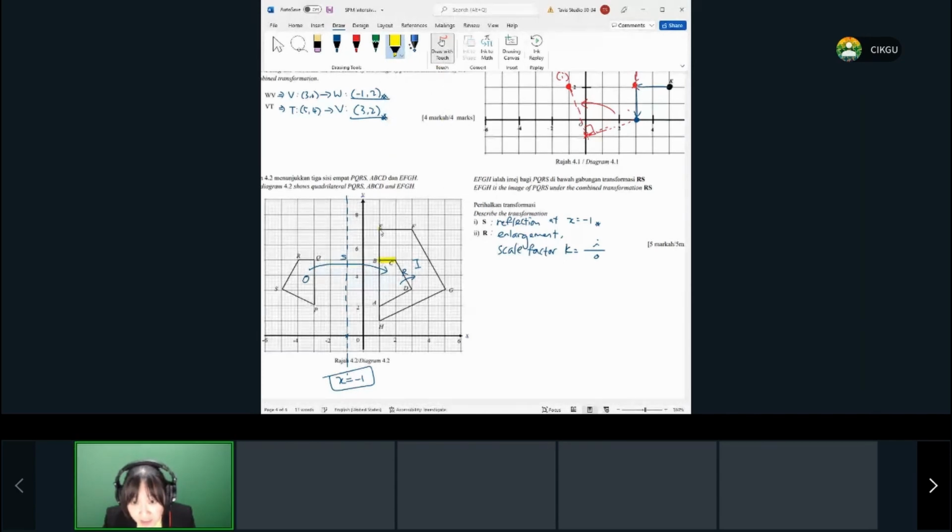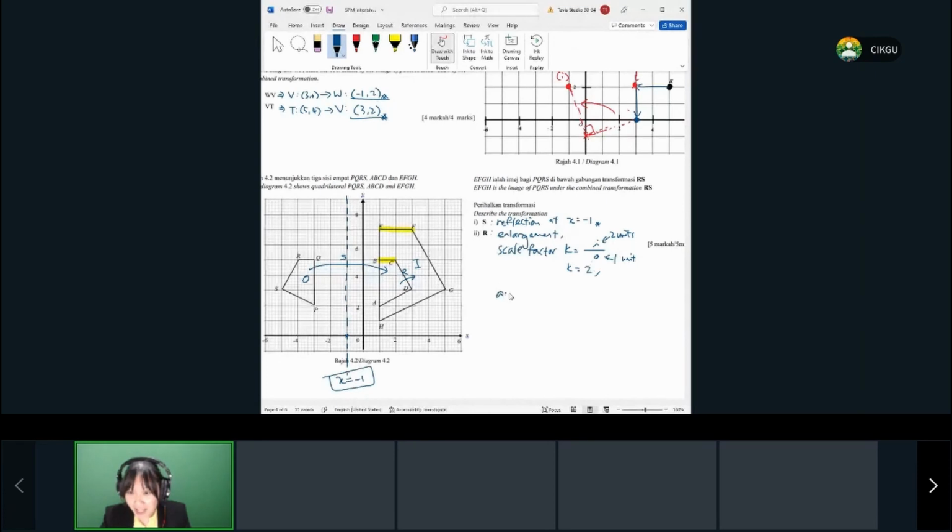The length of the image is 2 units, because E has coordinate 1 and F is 3, so from 1 to 3 is 2 units. The length of the corresponding object is 1 unit. So the scale factor is 2, another mark.